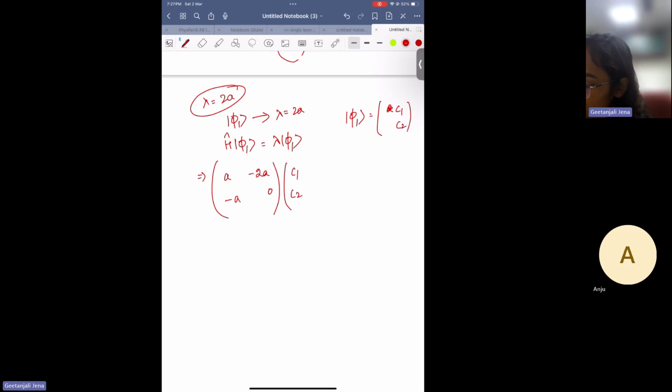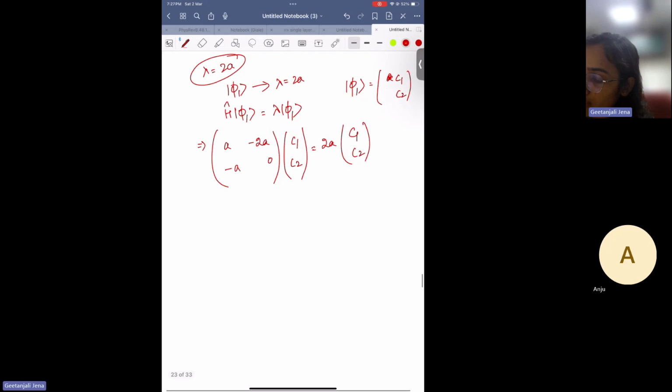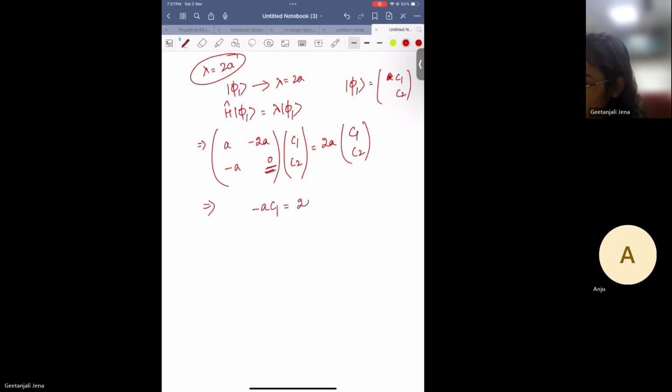So this is C1, C2, and lambda is 2A times C1, C2, right? Now, in the second row there is a 0 here. So first solve this one. This will give A C1 minus 2A C2 equals 2A C1... so minus A C1 equals 2A C2, right? That means C1 equals minus 2 C2.